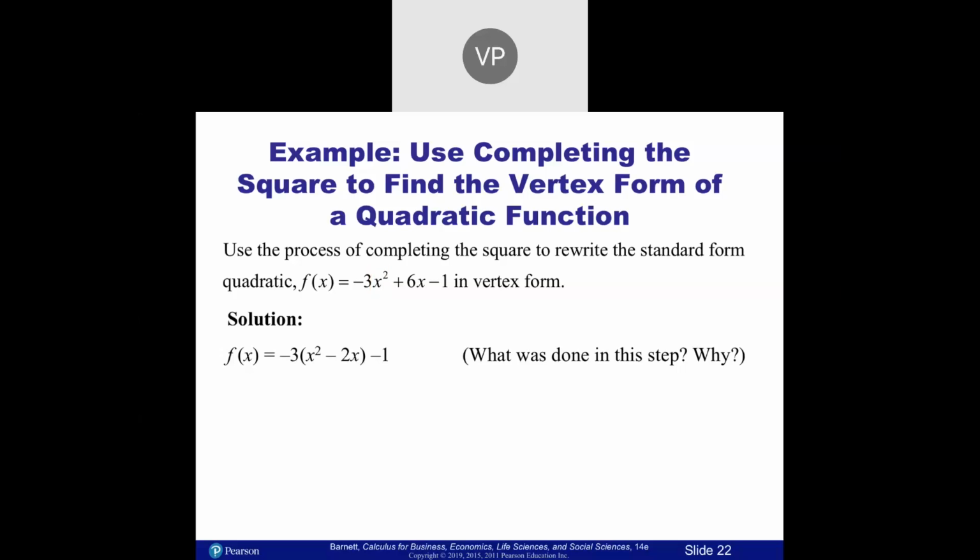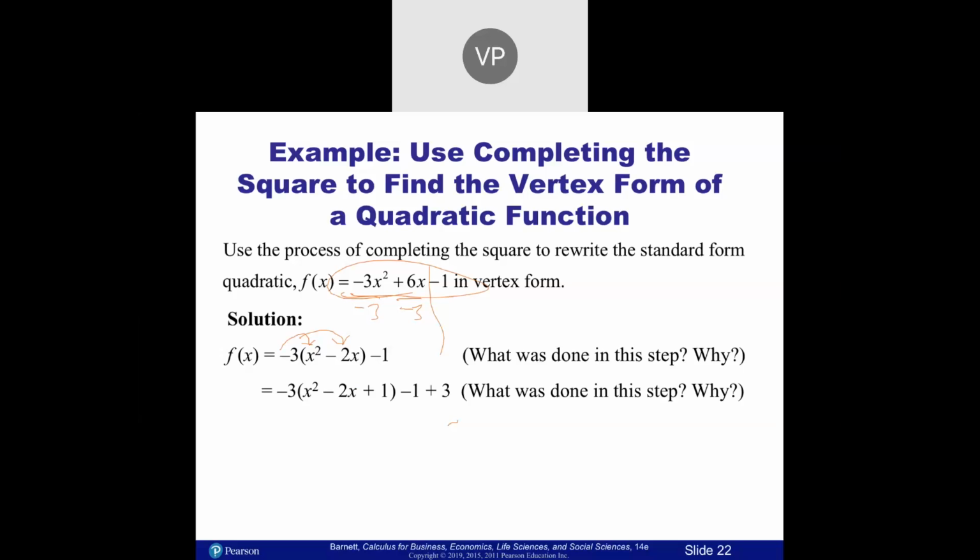You pull out a -3, that's what's out in front here, and remember, when you pull out a -3, it's like dividing every one of those, just those terms, by -3, and what you're left with is an x squared and a -2x. If you're ever not sure, go back and distribute, and you should be left with the same thing you started with. Okay? So that's our first step.